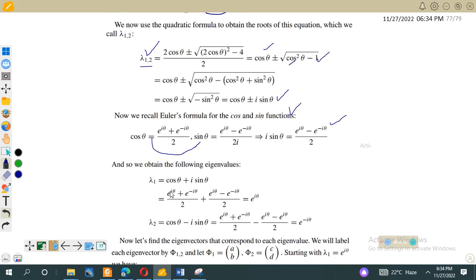So lambda 1 will be equal to cos theta plus iota sin theta. We put the value of cos theta and the value of iota sin theta, and it gives us exponential iota theta. Similarly, we can find lambda 2, which is cos theta minus iota sin theta, and this gives exponential minus iota theta.